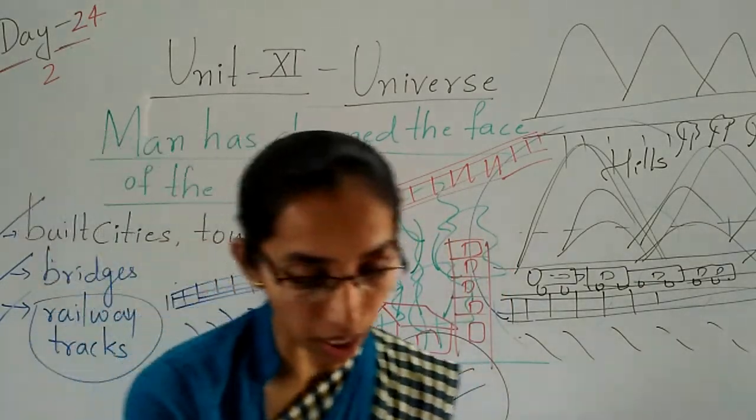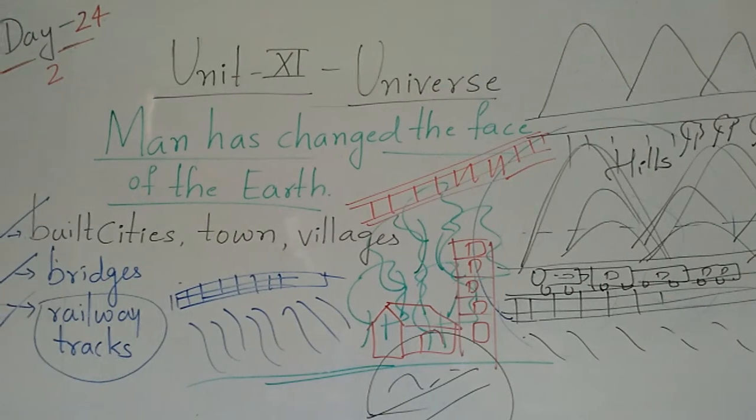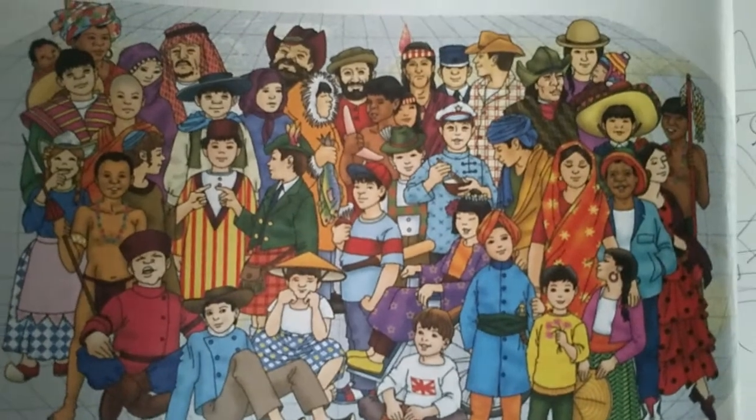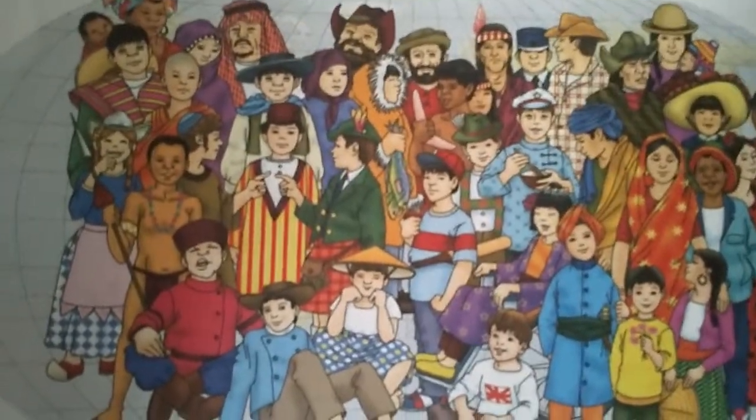Clear, children? So here I will show some images of different kinds of people. There are many countries on our earth. Just you can see, children, there are many countries on our earth. We may look different. We may look different means what?